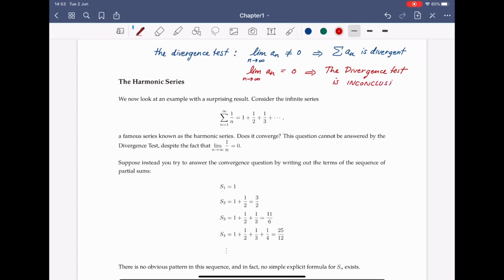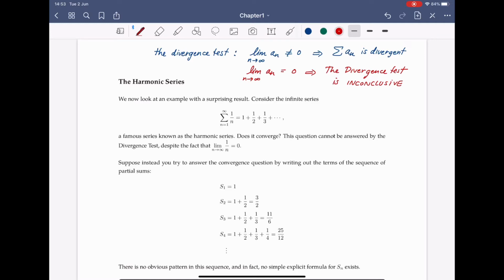It means you cannot conclude anything from the divergence test, so the series could be convergent or divergent. The common mistake that students always make is that when you get the limit of a sub n equal to 0, you conclude that the series is convergent, which is wrong.